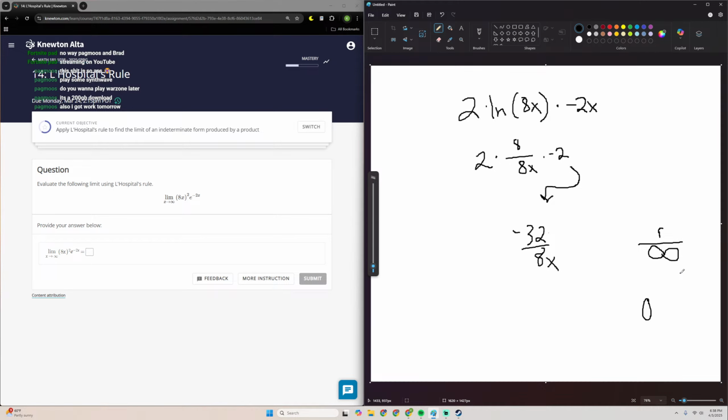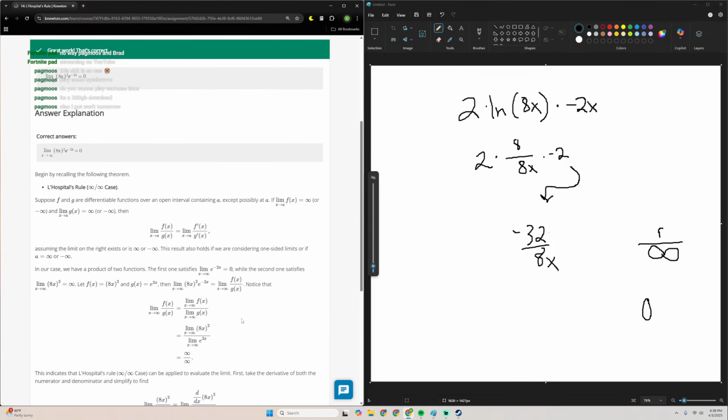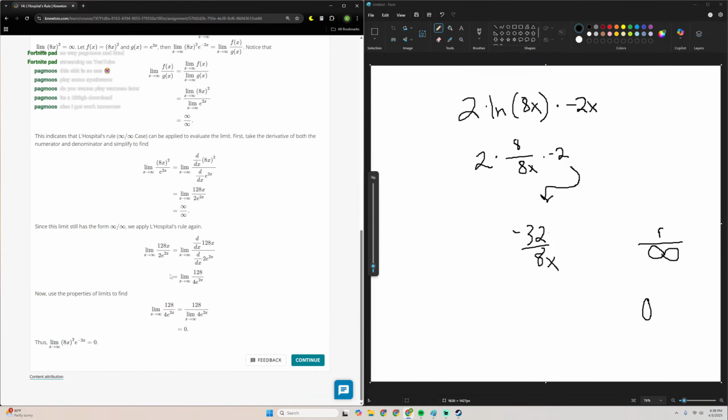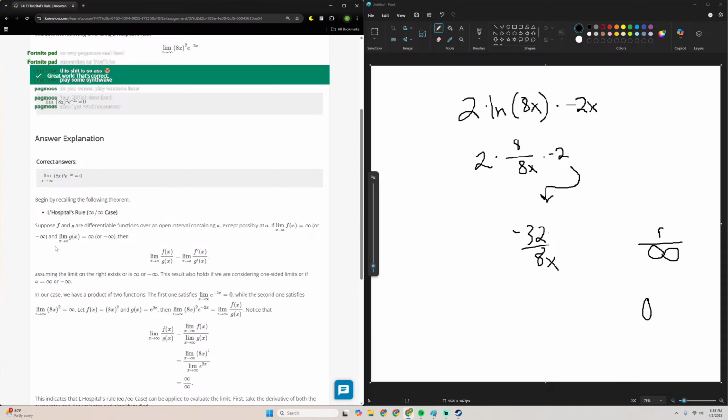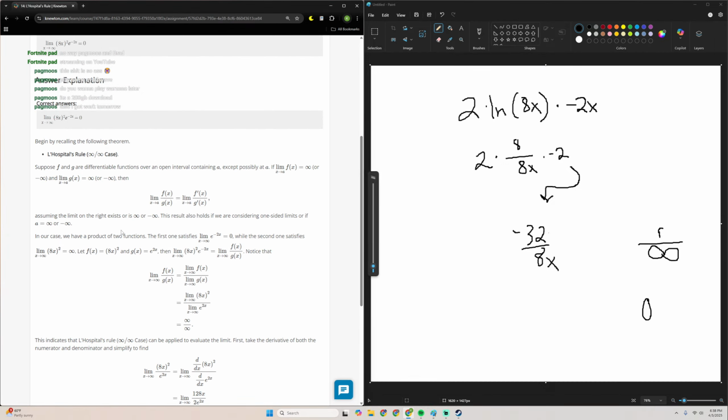So 3 divided by 0. Please be right. Well then, thank you. What the hell? Oh, I guess I did it differently than doing logarithmic. That kind of feels nice, I guess. How do they do it?